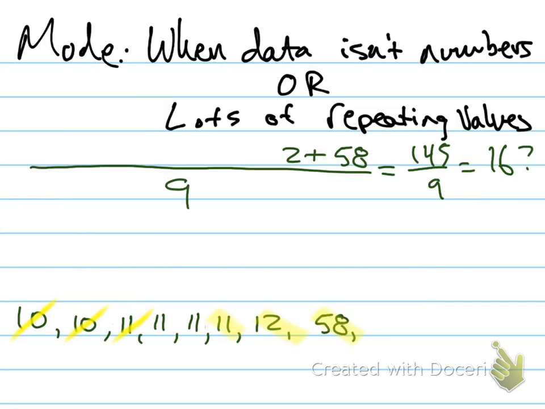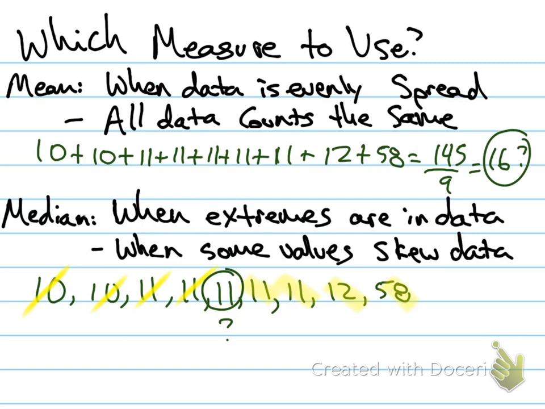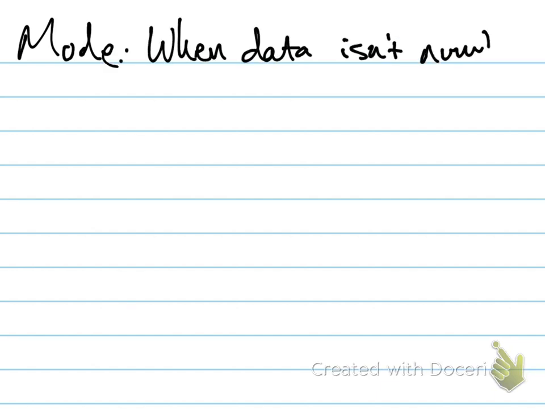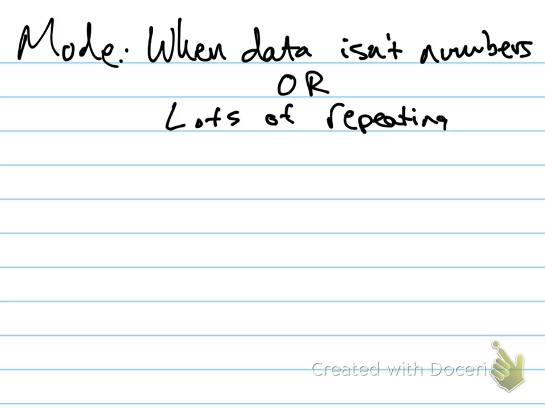Finally, we're going to talk about mode. And our mode is usually going to be when data isn't numerical or numbers. Or you're also going to use this if you have lots of repeating values that occur.